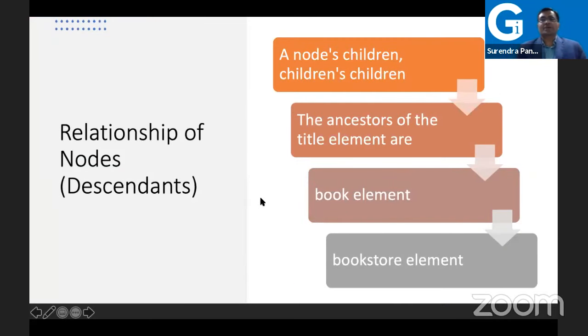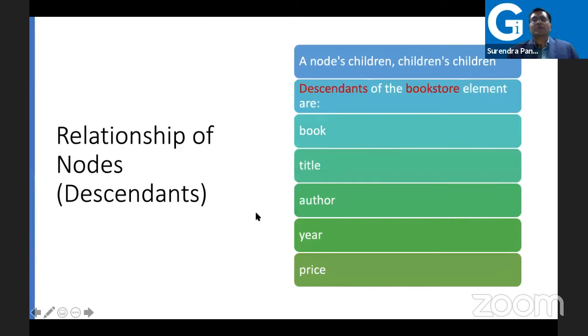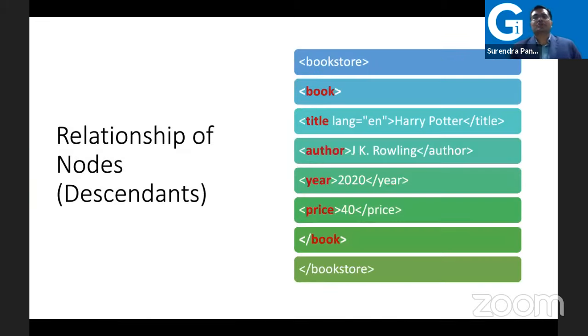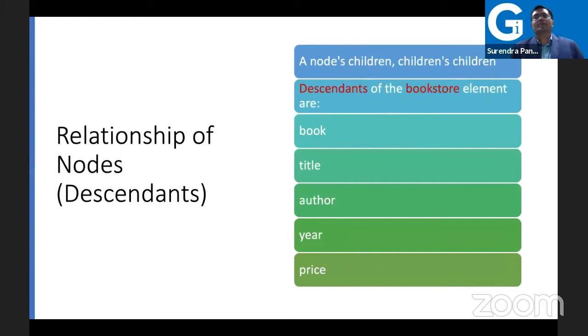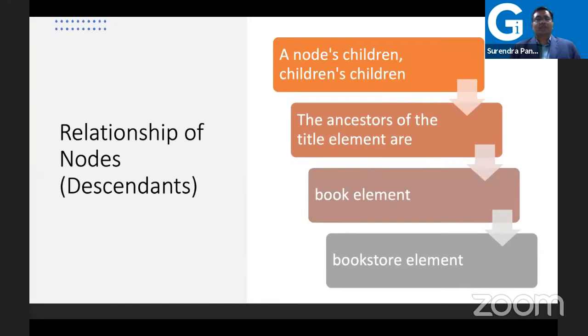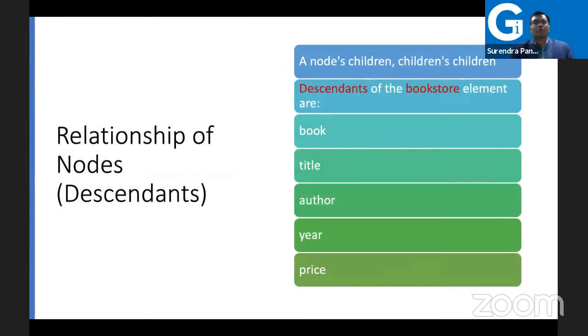So this is the theory part of XML, and there are also some other concepts. We'll understand these concepts and then come back to the practical part. One concept is what descendant means. Descendant is a relationship of nodes: a node's children are called its descendants.